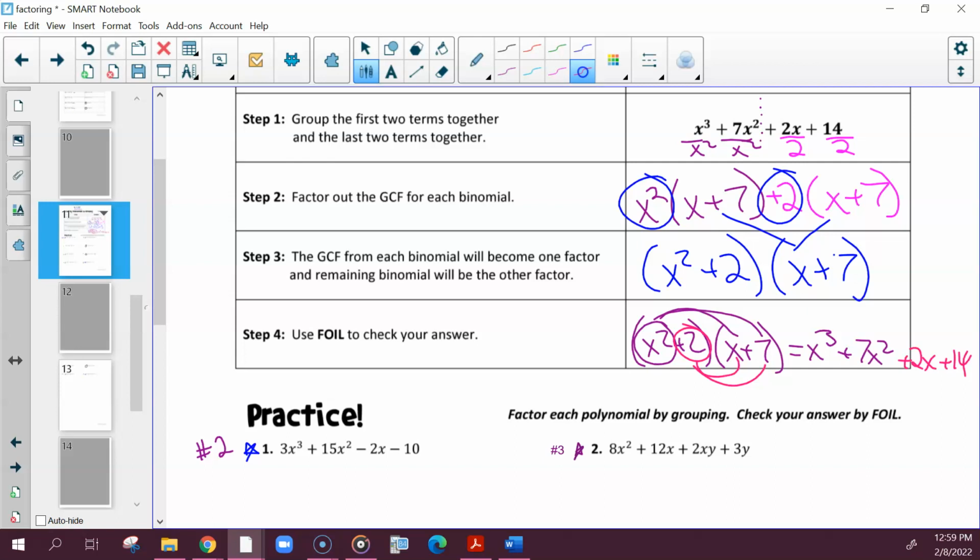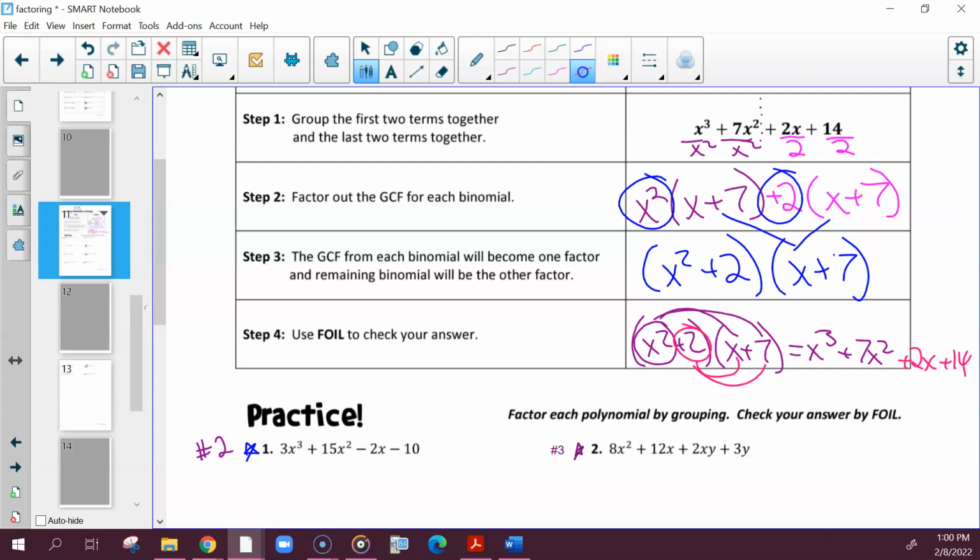Before we continue on some other examples, do we have any questions so far? Can you see from right there? All right.